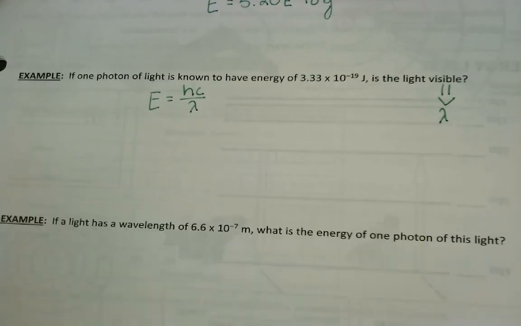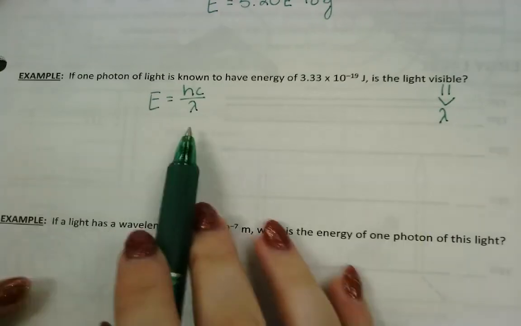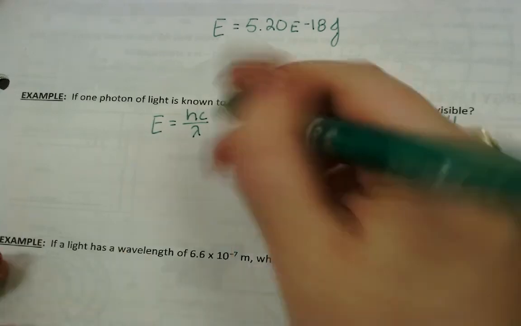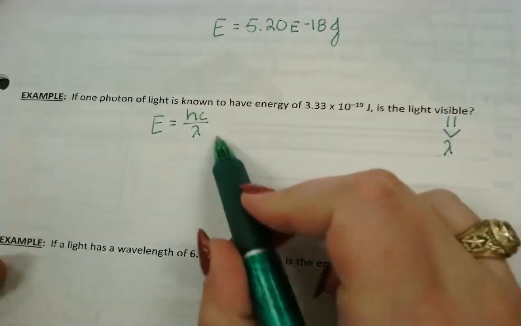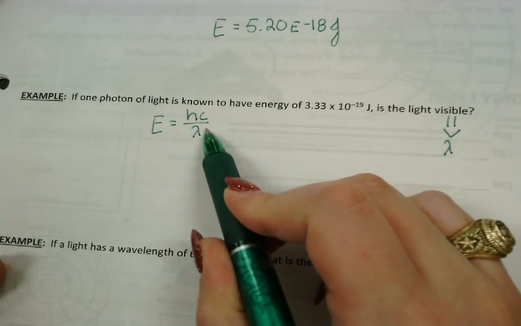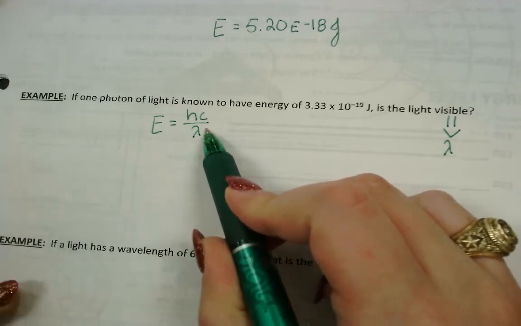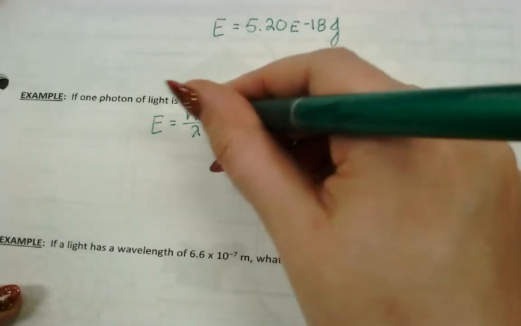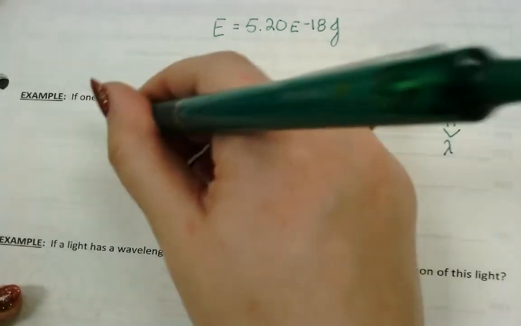All right. But we're solving for wavelength. How can we get wavelength by itself? Well, first thing we want to do is get rid of it on the bottom, right? It's not helpful if it's left on the bottom. Then it's 1 over wavelength that we're solving for, not just wavelength. So we'll multiply by wavelength on both sides.